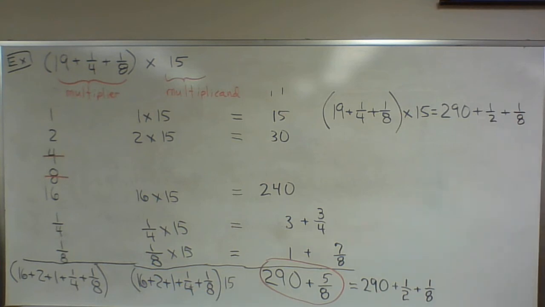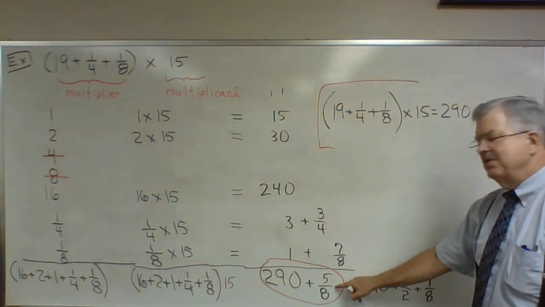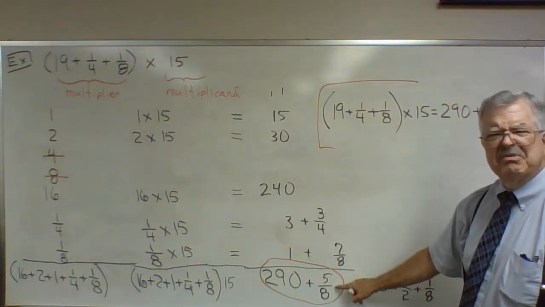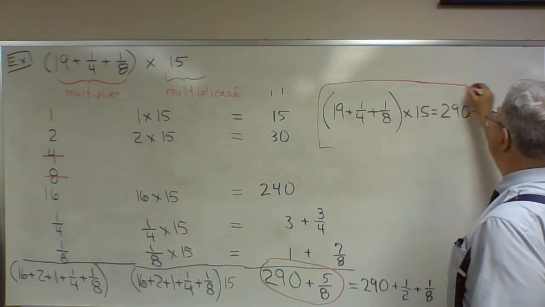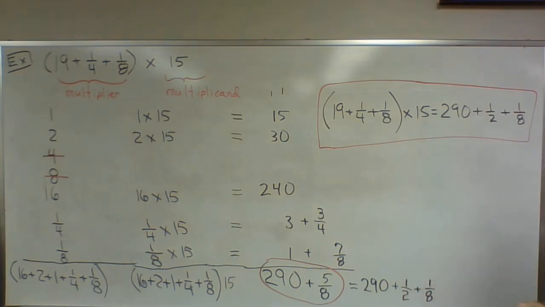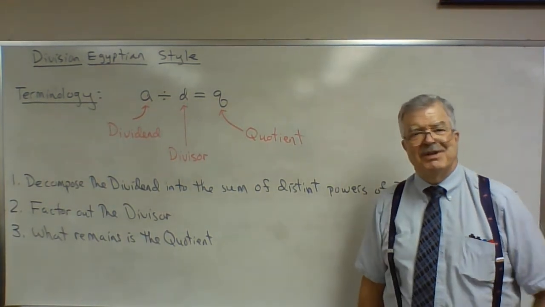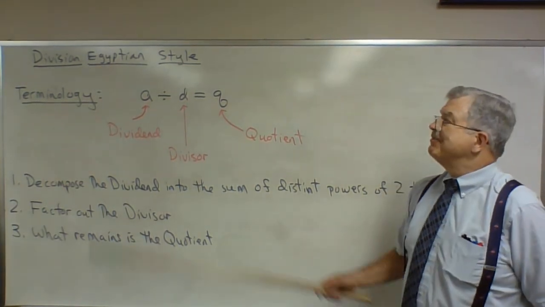Okay, that looks much better. 290 plus 5/8, really? Huh. We've mastered multiplication Egyptian style.